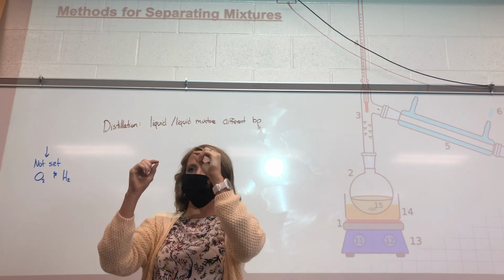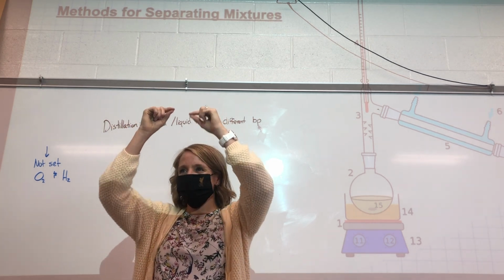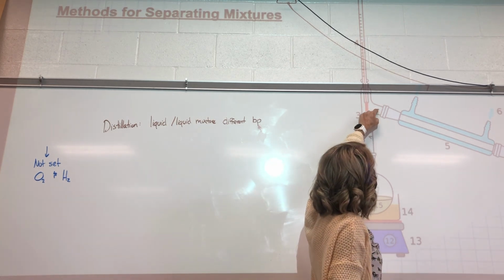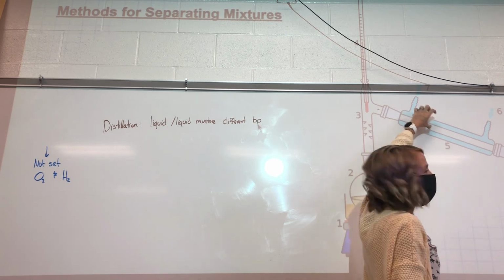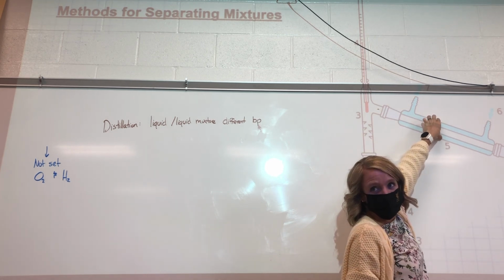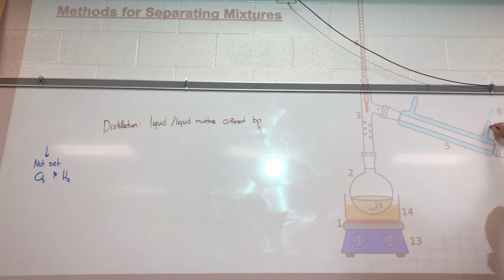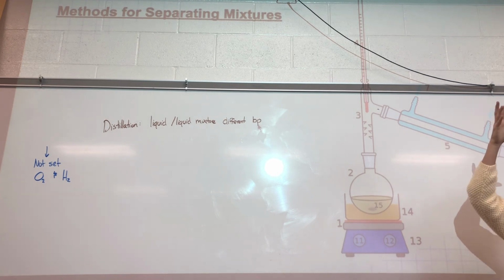So literally the little droplets are like climbing up the ladder until eventually it gets to here, and then it travels to this tube inside of a tube. The outside tube is surrounded with water. So when it comes here, it turns back into a droplet because of the cold water, and then drips out, and here's your pure alcohol.